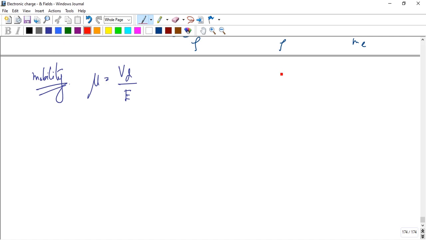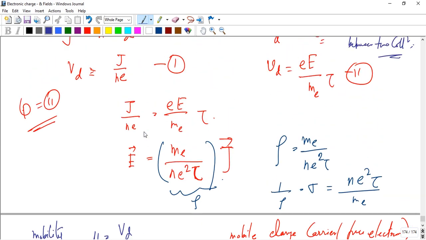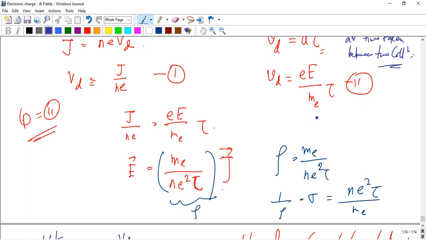So the mobile charge carrier you choose, a free electron, moves from one end of the conductor to the other. Mobility is v_d by E, and v_d we found is e E by m_e times tau.